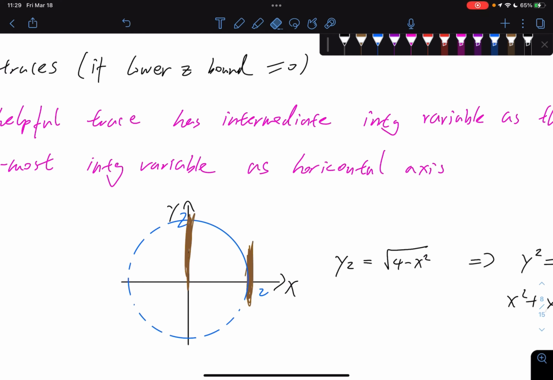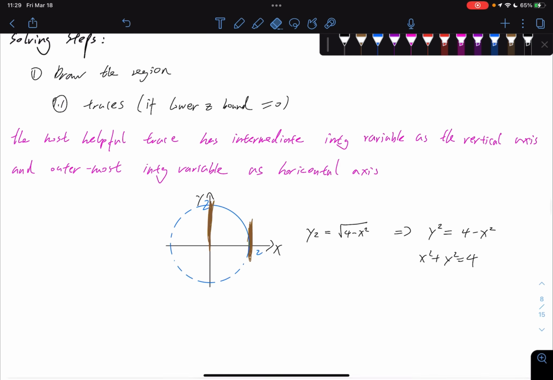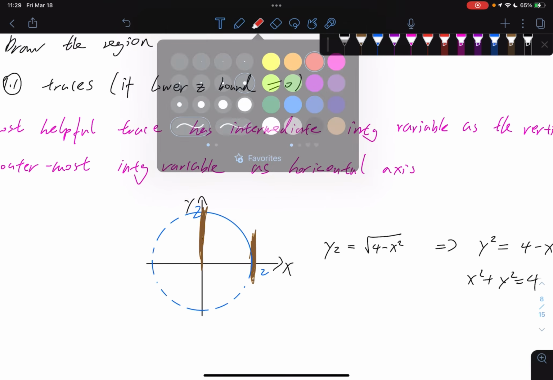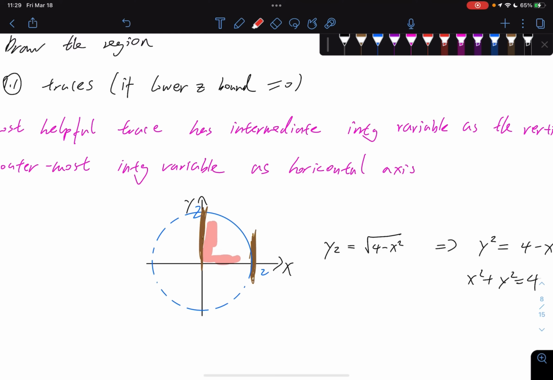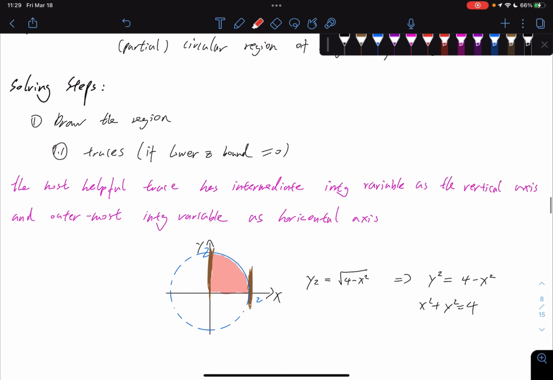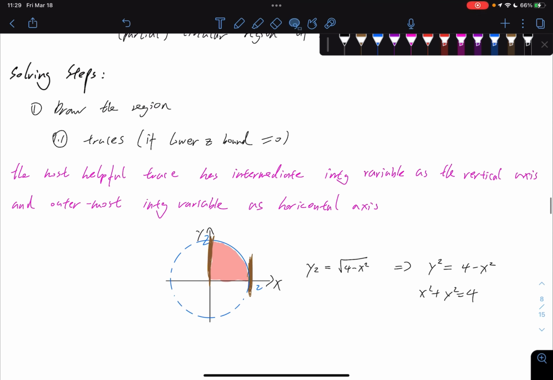So now our integration region on the 2D projection is just going to be this quarter circle right here. So let me just fill that out for you. Right, and that's pretty much all we need to do for the traces.